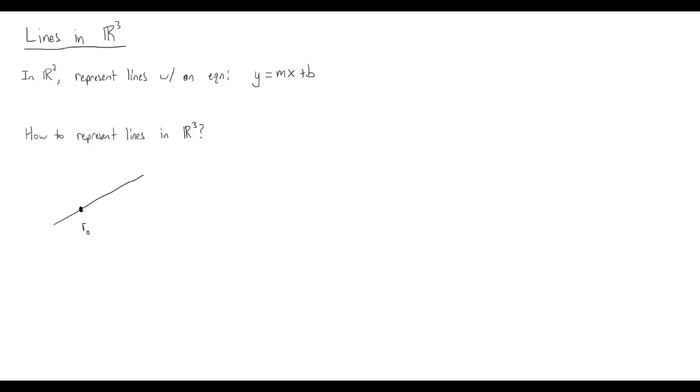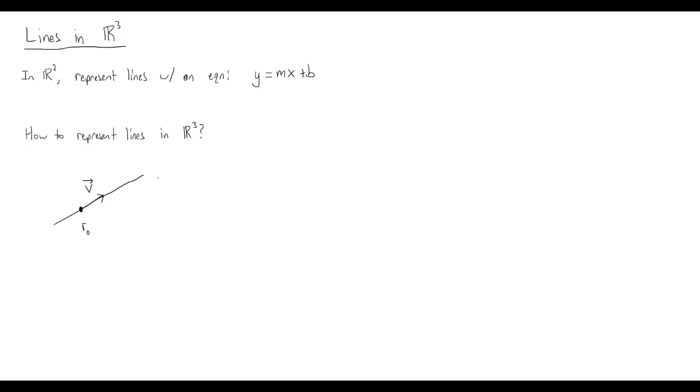Okay. And then I also want a direction vector, which I'm going to call v. And this direction vector should point along the same direction as the line, if you will. Or maybe I should say the direction of the vector should be pointing along the line. That's slightly more proper. Okay.